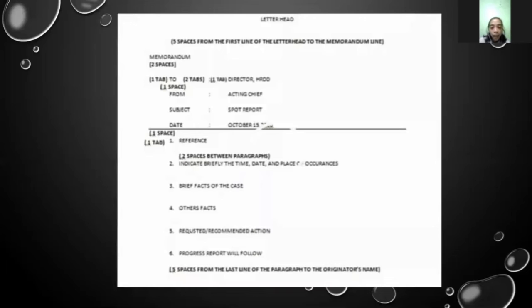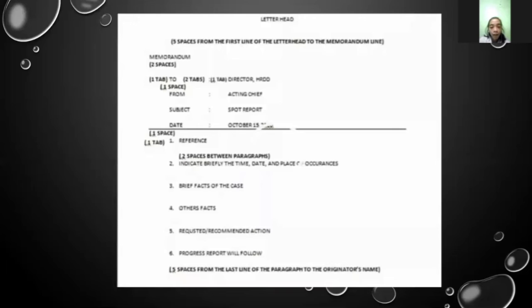3 spaces between the paragraphs. Naka-indicate dito, sa number 2, naka-indicate din yung date, place, time of occurrence, o yung tinatawag na DTPO.